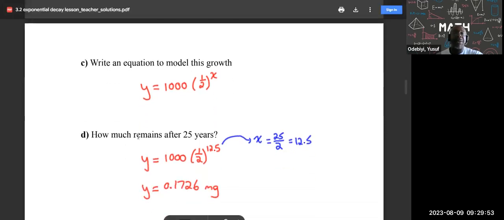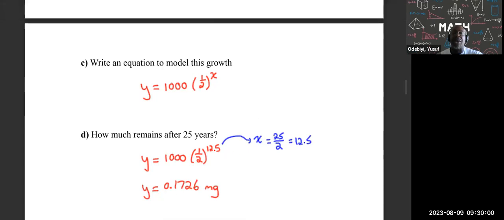So now the question is, how much remains after 25 years? Well, you have to put X in terms of the time that you're looking at divided by the time it takes to do 1 decay. So 1 decay takes 2 years, right? So basically it'd be 25 divided by 2 gives you 12.5. So your exponent here is going to be 12.5, and then you plug it in.